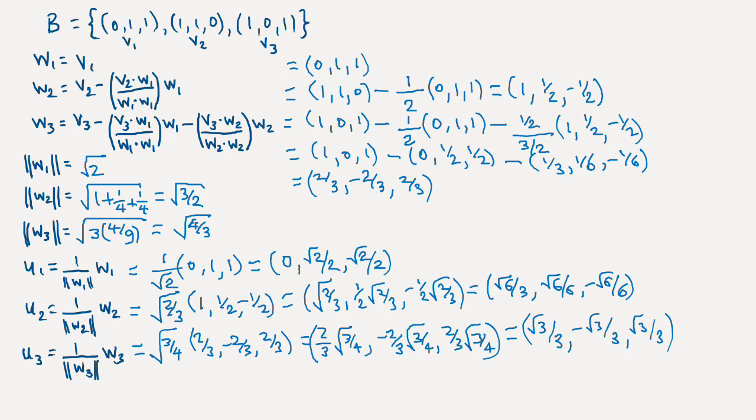And then we have our orthonormal basis starting from this basis here, and we've applied the Gram-Schmidt orthonormalization process and ended up with these three vectors, u1 and u2 and u3.